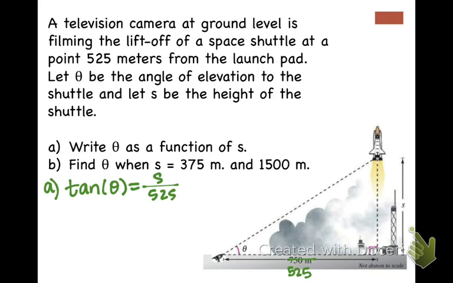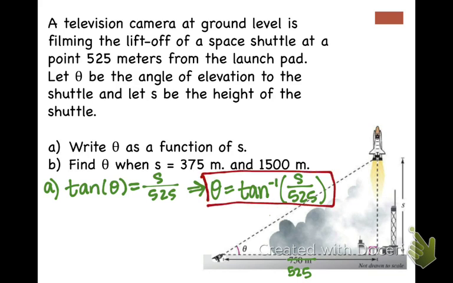Which means, if I rewrite this, theta equals tangent inverse of s over 525. This is my function that I'm going to use to solve for my angle theta for different s values.